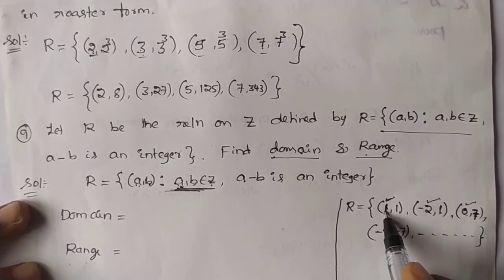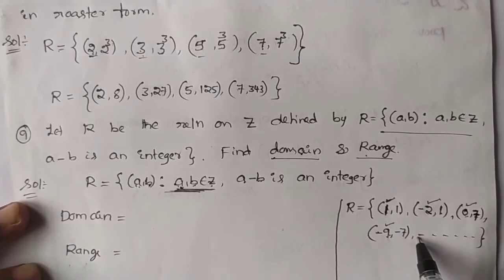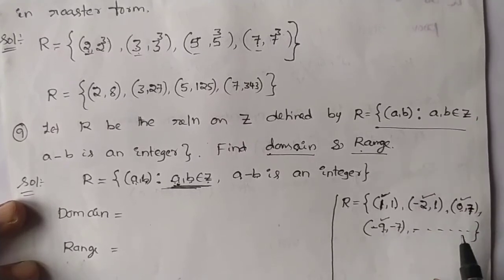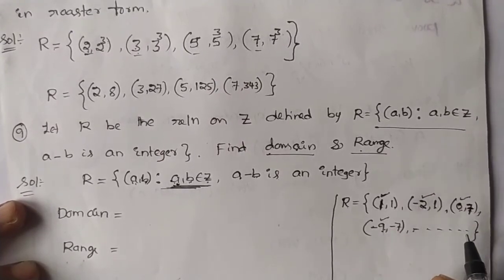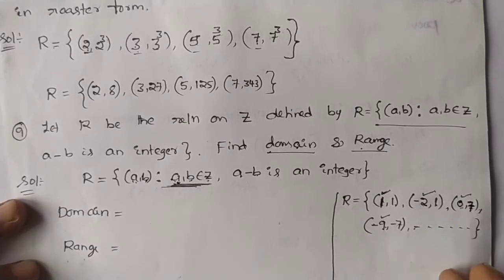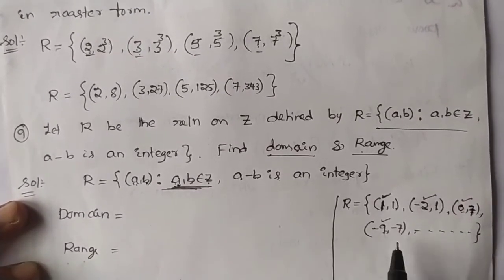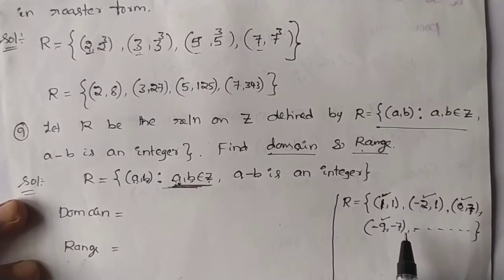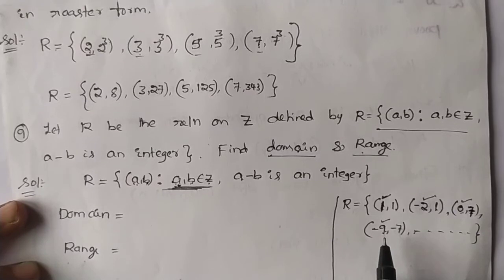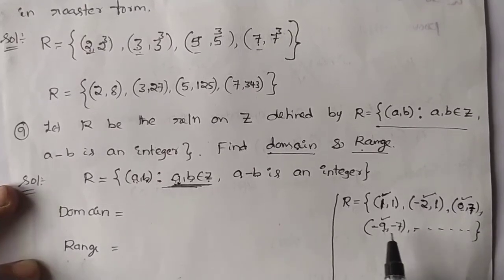Here we have the first elements 1, minus 2, 0, minus 9, minus 99, minus 109, plus 109, 120, 125, 1 lakh, 2 lakhs, 3 lakhs, 1 crore. All these numbers which come under domain, what do we call those numbers? We have positive ones and also negative ones. Then what do we call those numbers?